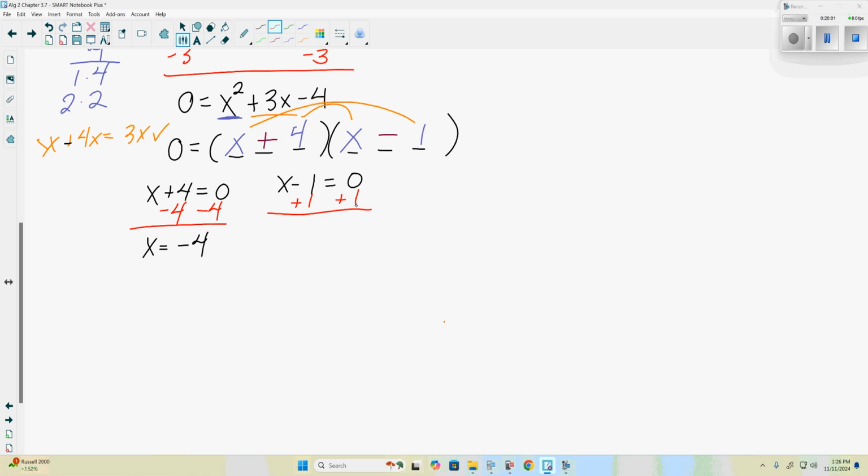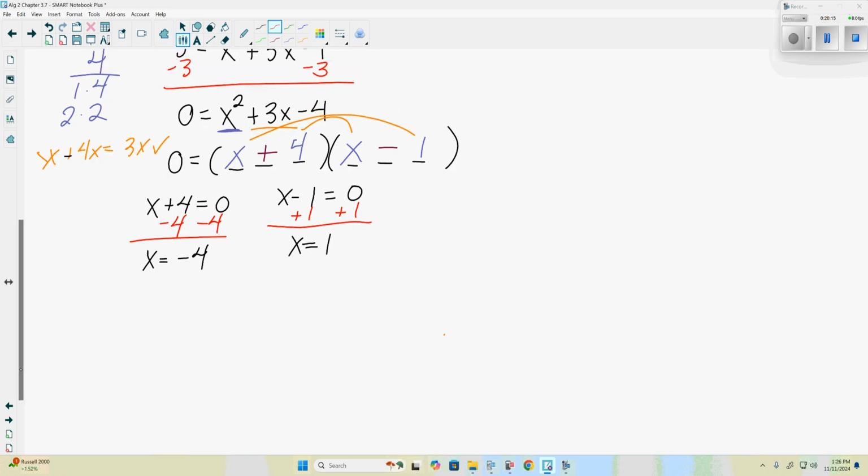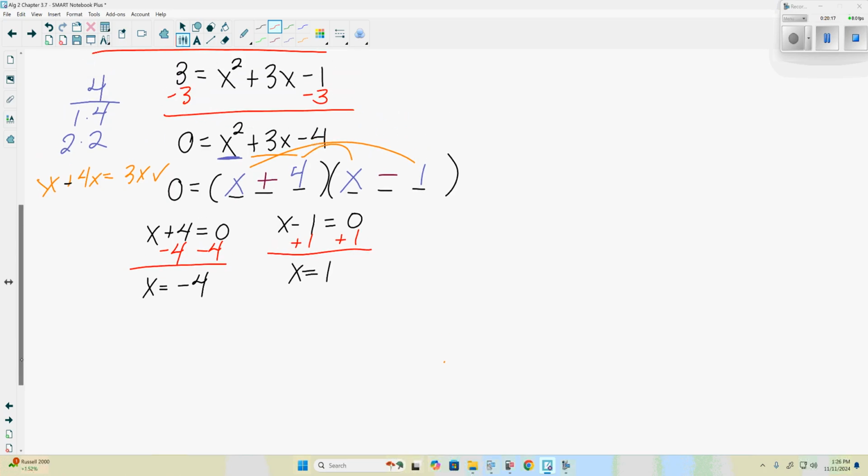The other, we add 1 to both sides, telling us x is equal to 1. Questions on this so far?